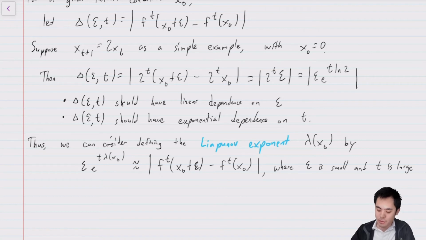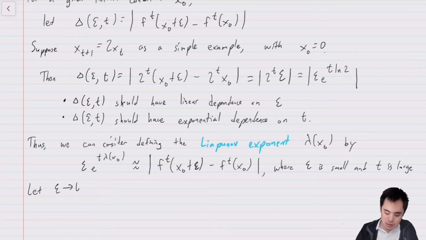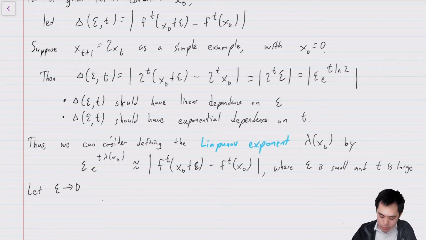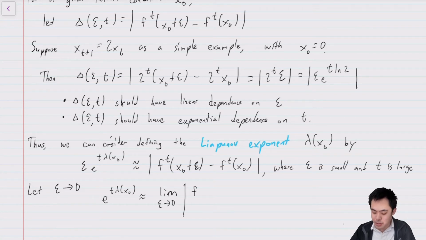And of course, we need to formalize what exactly we mean by this. So we're going to let epsilon go to 0. That's a pretty small value of epsilon. So if we do that, then let's divide both sides by epsilon. So then e to the t lambda of x naught is about equal to the limit as epsilon goes to 0 of, well, if we divide everything by epsilon, then we know that epsilon is greater than 0.